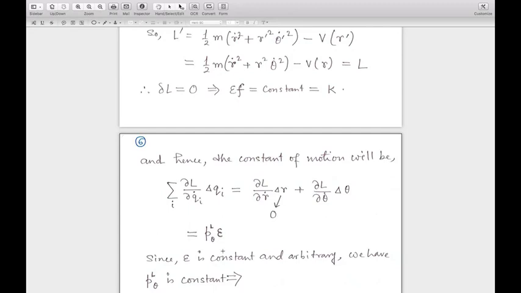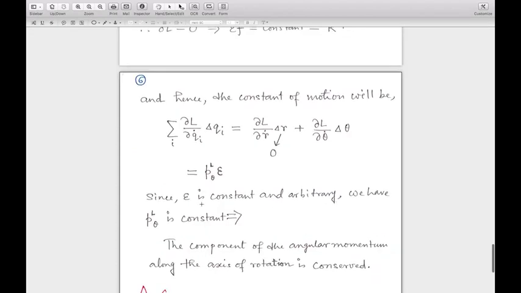So it is the magnitude of angular momentum times epsilon, where epsilon is the delta theta. And again, epsilon is constant and arbitrary, so we have p_theta is constant.